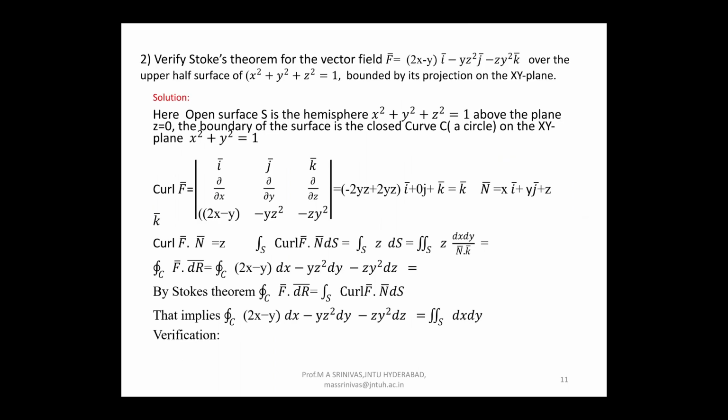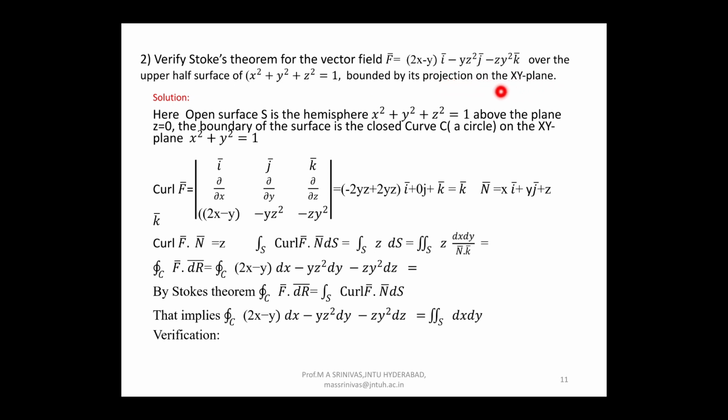So coming to the next problem, the second one. Again we need to verify Stokes theorem for the vector, this is the vector he has given, over the upper half of the surface. So what is the surface he has given? The surface he has given is x square plus y square plus z square equal to 1, which represents a sphere, but bounded by its projection on the xy plane.